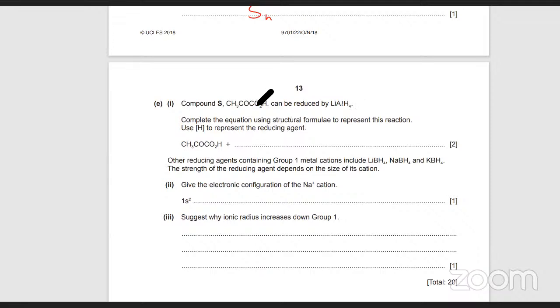What will happen? The CH3 part, the ketone part, will turn back into an alcohol, so it's going to become CHOH. And the carboxylic acid part will also turn into an alcohol, so it's going to become CH2OH. Expand it and have a look. The ketone will get reduced to an alcohol. The carboxylic acid will also get reduced to an alcohol.